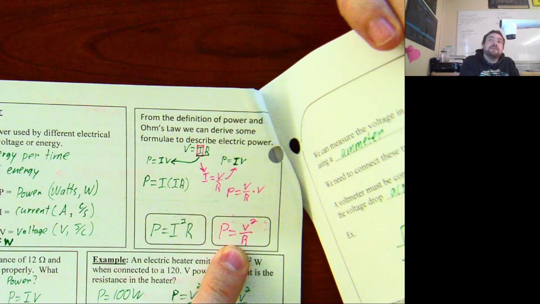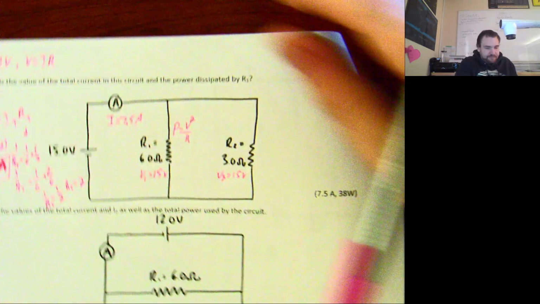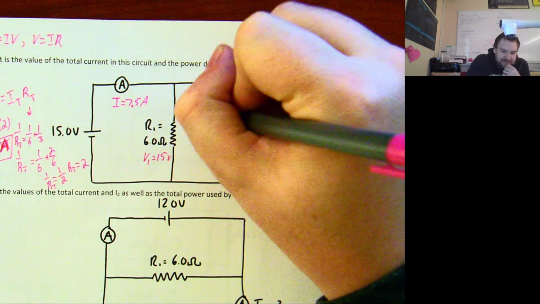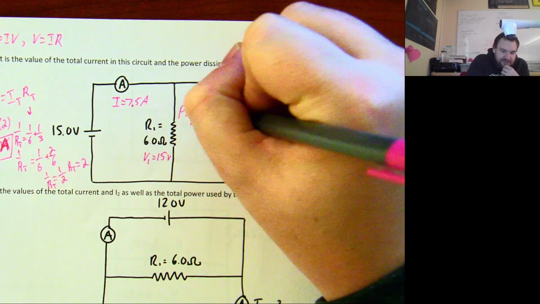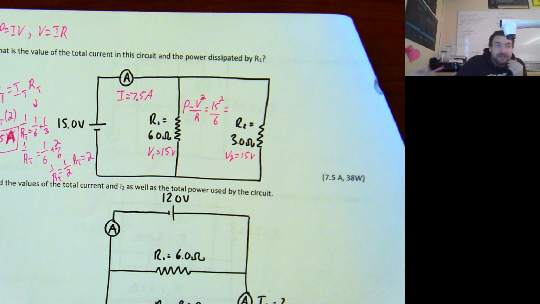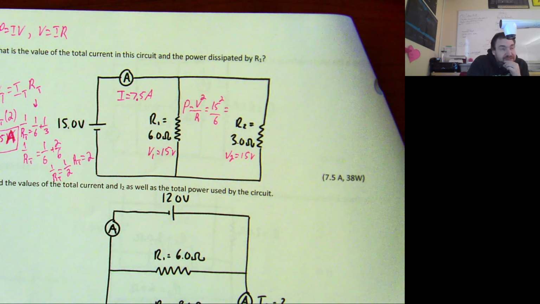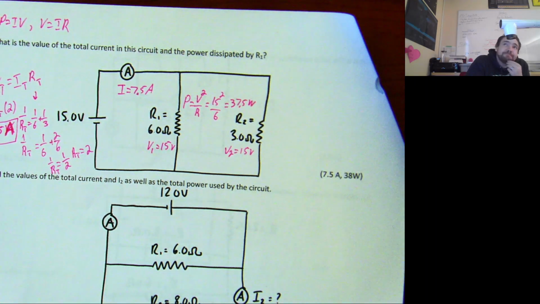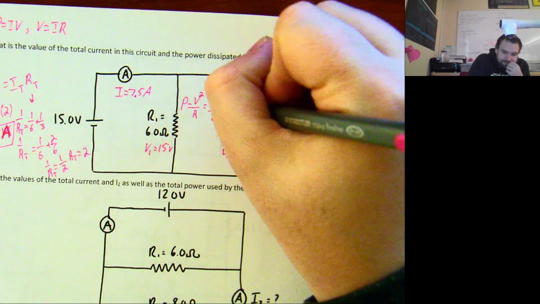Yep, P equals V squared over R. So then the power dissipated by that resistor is going to be 15 squared divided by 6. 15 squared is 225 divided by 6 is not something I can do in my head. What is the power dissipated by that resistor? 37.5 watts. There we go. Done.